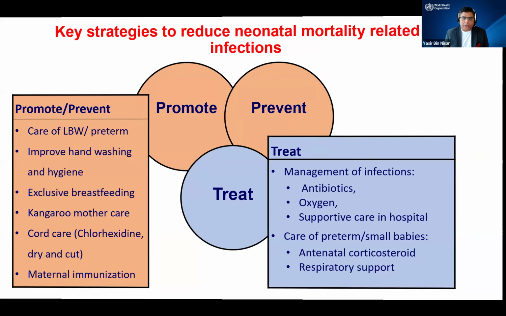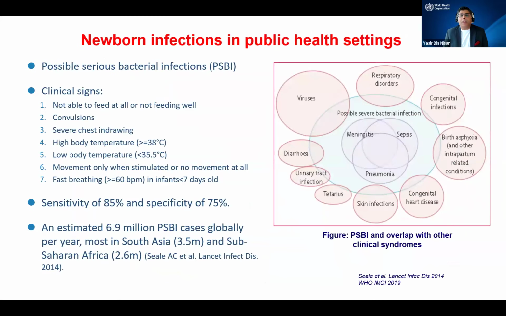Lastly, care of preterm babies is very important, and we know that antenatal corticosteroids and respiratory support are important in terms of treatment also. When we say newborn infection, it's a very wide and diverse area, and WHO defines it as possible serious bacterial infection for public health settings. Commonly we call it PSBI, but it's a combination of many infections, including meningitis and some viral infections.